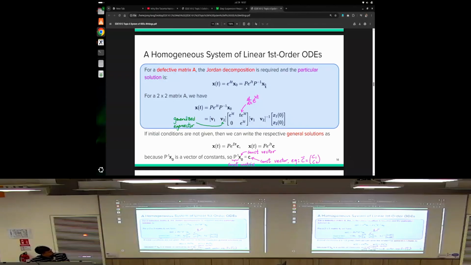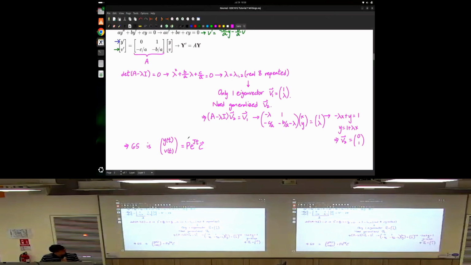But because you're solving for a general solution, just let it be c. So P times e to the Jt times c. The thing is, I'm trying to prove the formula from chapter 7, that's what the question is asking for, so this is from topic 6. Your P is already found.